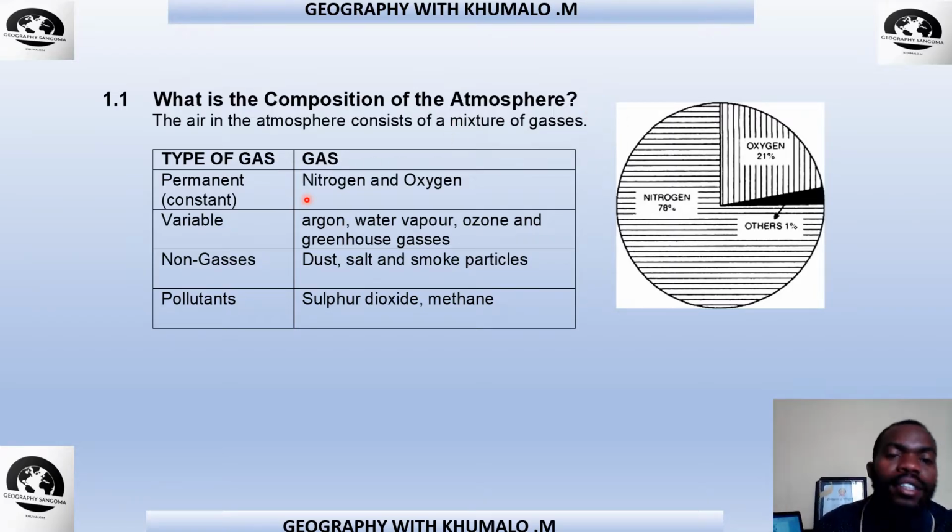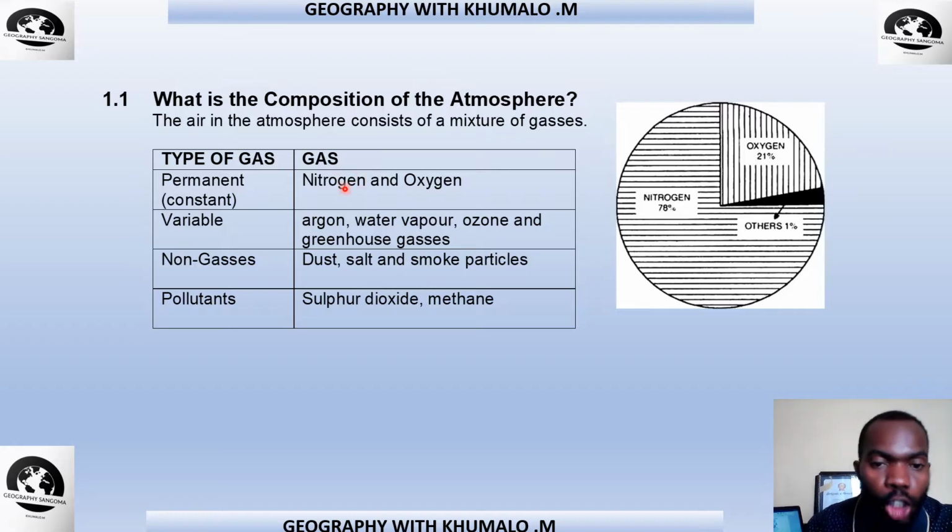What are those gases? We've got permanent gases, variable gases, non-gases and pollutants. The permanent gases are nitrogen and oxygen. Variable gases are argon, water vapor, ozone, and greenhouse gases. They fall under the variable gases that compose what we call the atmosphere.